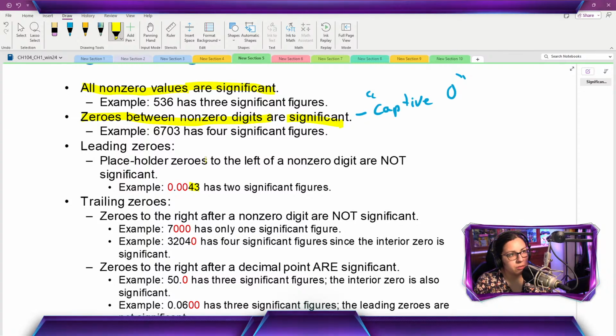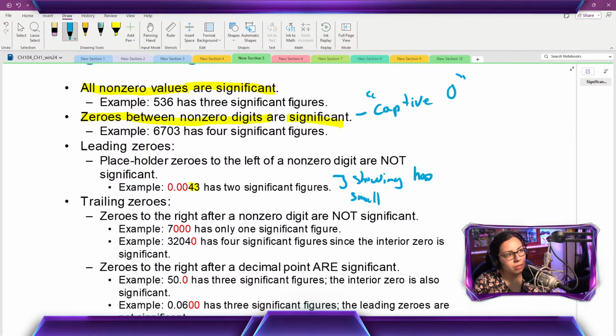If we look, these zeros are showing how small. And then our trailing zeros: zeros to the right after a non-zero digit are not significant. So looking at 7,000, if you were to write that number, that's only showing one sig fig.